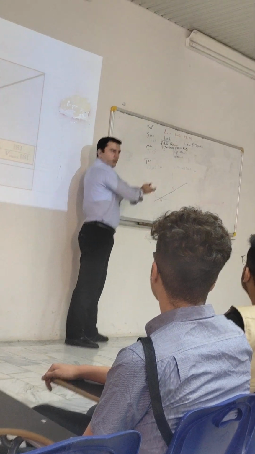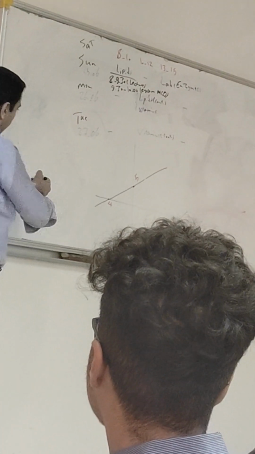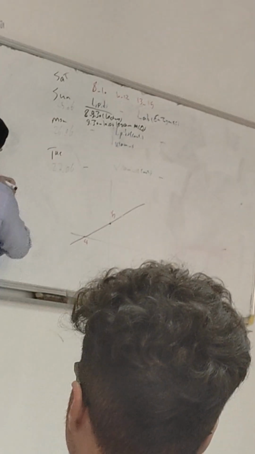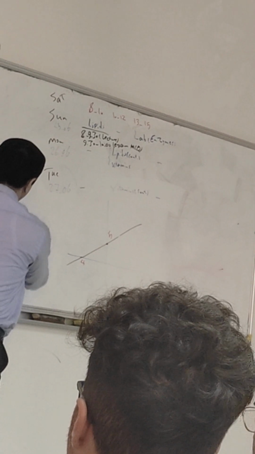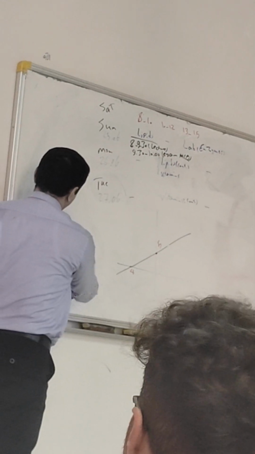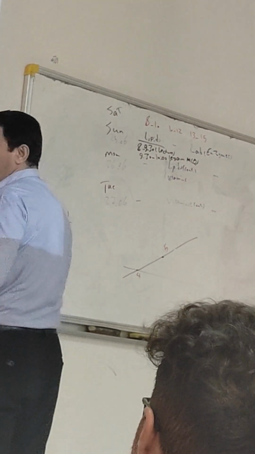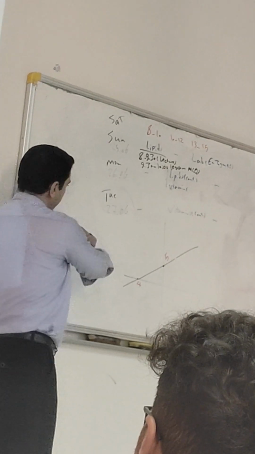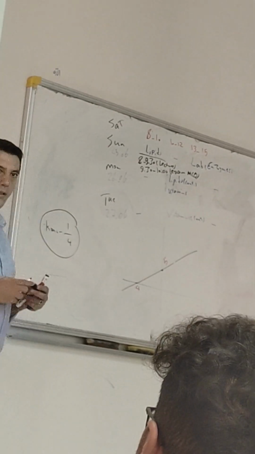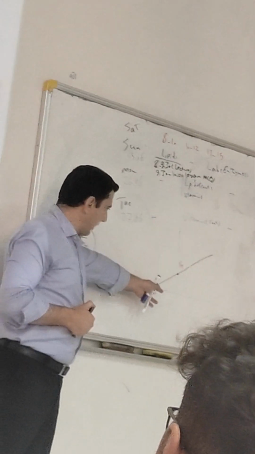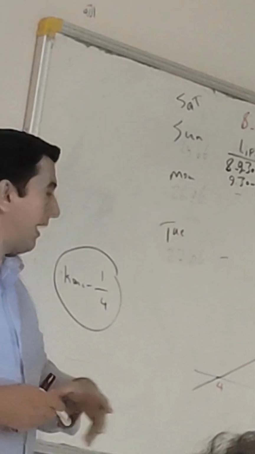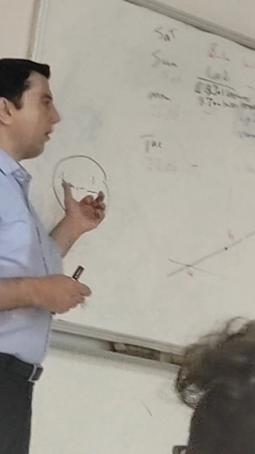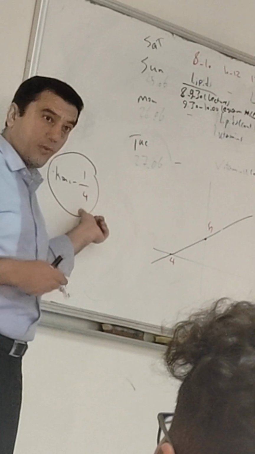The Km for this plot, for this enzyme, will be, as this is right here, minus 1/4. So this is the result. This is the solution for the Km of this enzyme. The Km will not be 4. The Km will be minus 1/4.